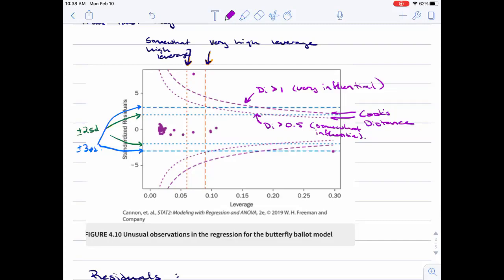If this one was scooted in between here, then you would say there's one that's somewhat influential and one that's very influential, because it's in between those bands. We just have to remember the first line is greater than 1 and the second one is 0.5. It all starts around 0 and then you're moving out, so 0.5 and then 1.